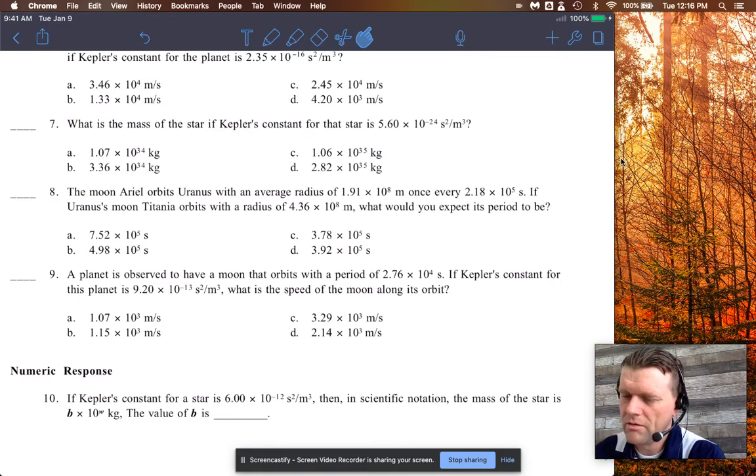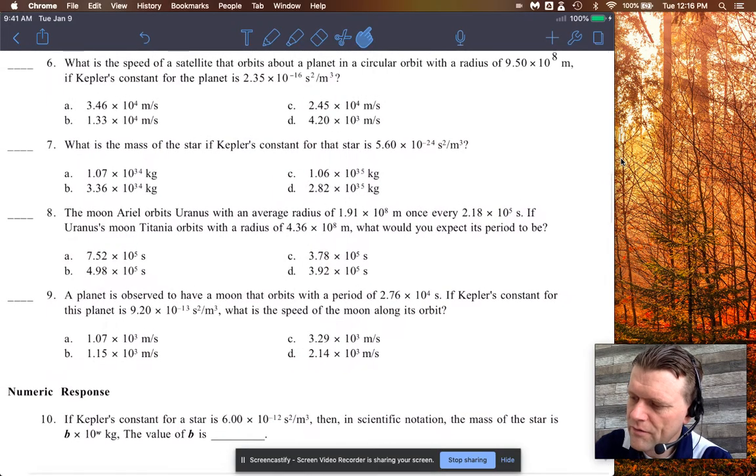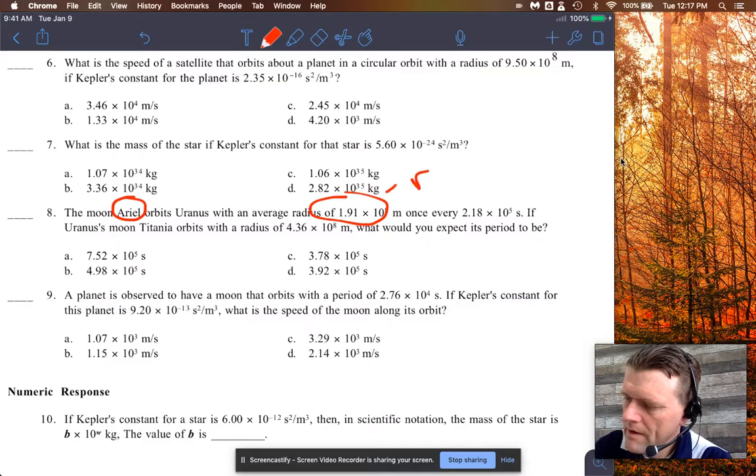Okay, so it looks like from this question we have two moons. I got Ariel and Titania, and for Ariel, we know Ariel's radius r, and we know Ariel's period T. So we could label that r, the radius of Ariel, and the period of Ariel, if you wish.